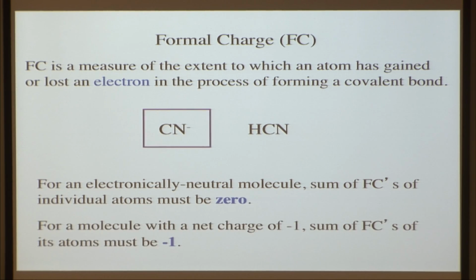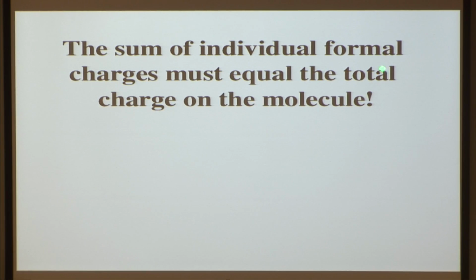If it's CN minus, the sum of the formal charges has to add up to -1, or you did something wrong. So this is a good way of checking your math. So always remember that the sum needs to add up to the total charge on the molecule. If you remember that, that's a really good check to make sure you didn't make some kind of weird math mistake and add things wrong and have an inappropriate number of lone pairs or something going on.